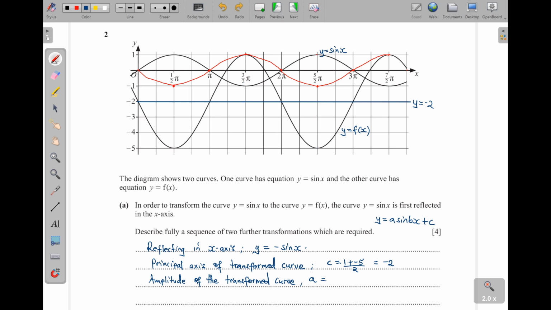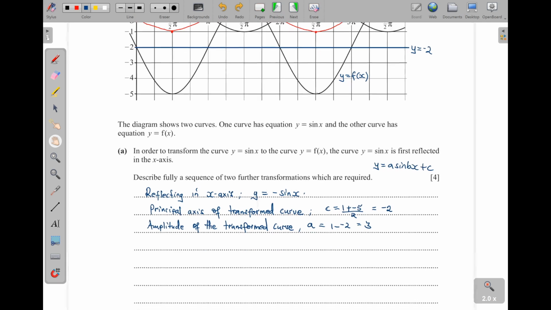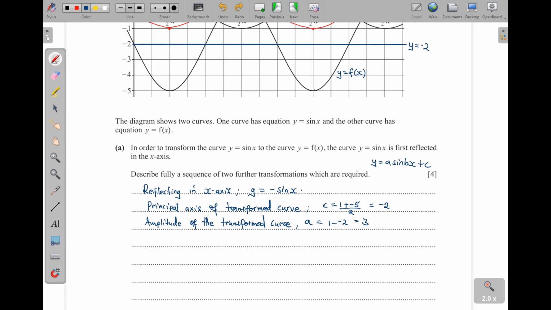Now that is the amplitude. So amplitude is going to be this one here minus negative 2. 1 minus minus 2, which is equal to 3, okay? And we said that amplitude is this stretch here parallel to y-axis, okay? So this simply implies that we have a stretch by factor 3 parallel to y-axis. You see that?